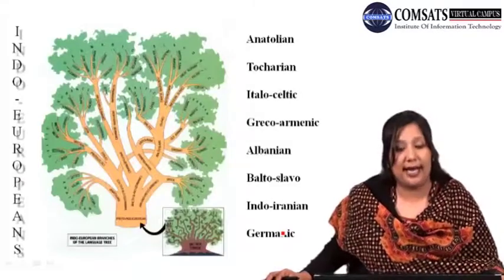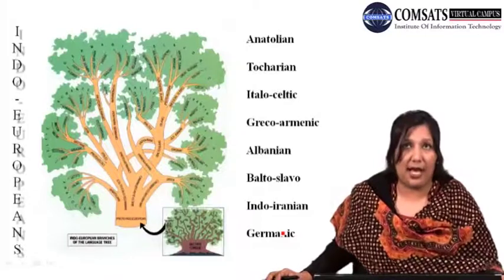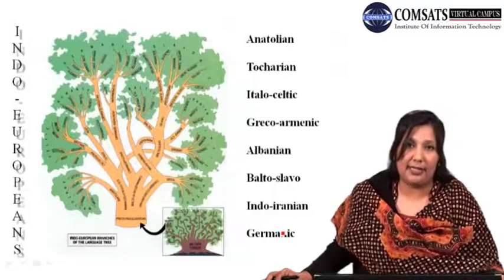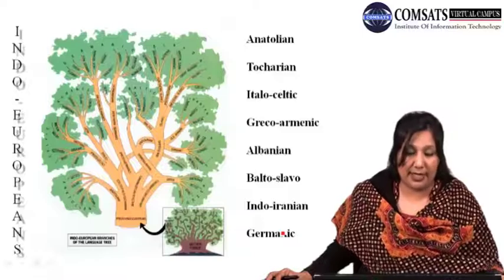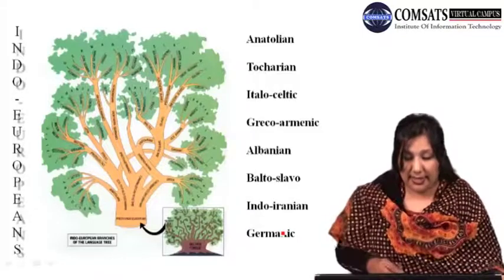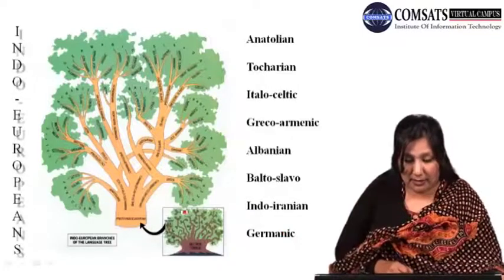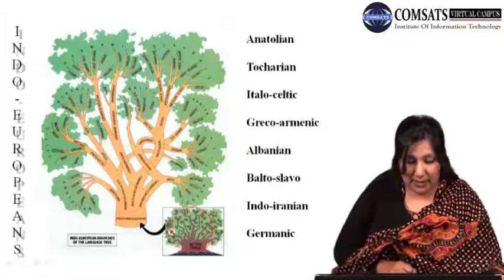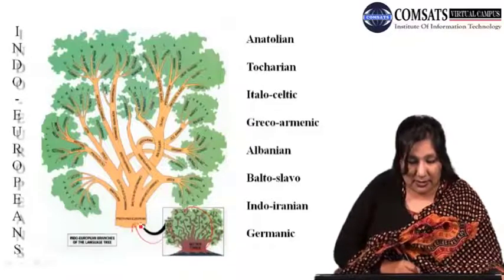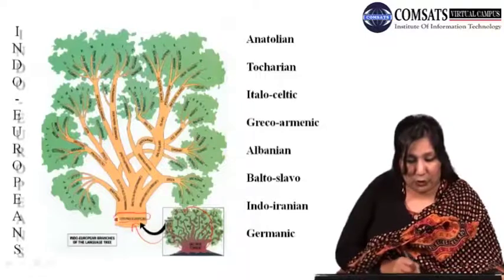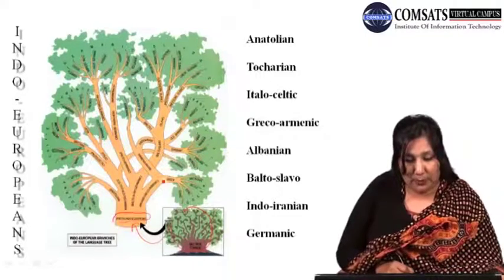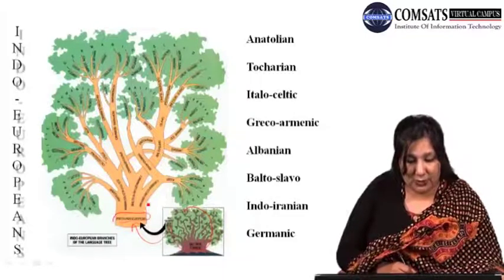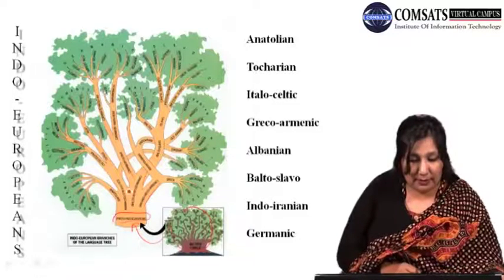So towards the end, I have been saying that this is a family tree. See how it is. There is one mother tongue, known as Proto-Indo-European. This Proto-Indo-European is further subdivided into five main branches.